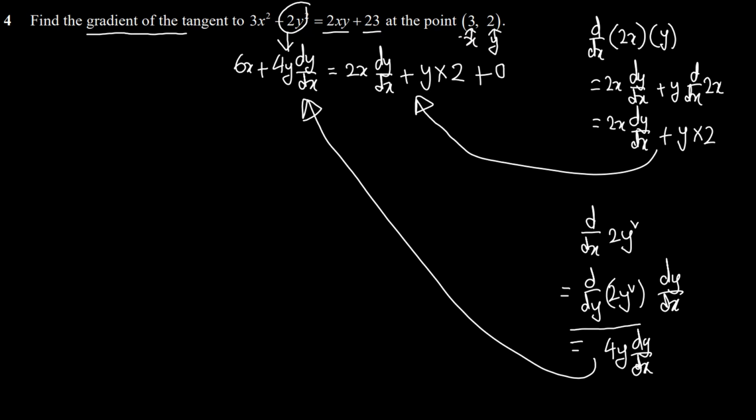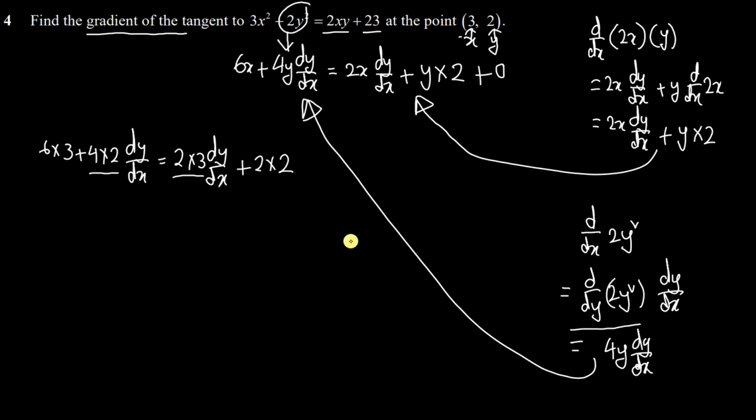So if we put x value 3, then it becomes 6 into 3 plus 4 into 2 dy by dx equals 2 into 3 dy by dx. Then next is y, which is 2 into 2. So 4 twos are 8 dy by dx, 6 dy by dx.